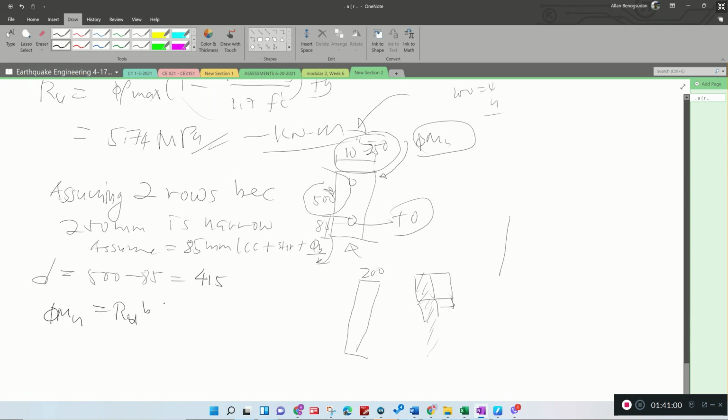Yung R sub U mo na gawa na natin yan earlier, 5.74 yan, Newton per mm squared, because it's megapascals, multiplied by 250, multiplied by 415 squared. So, if now you process that, of course, huwag mong kalimutan, okay?